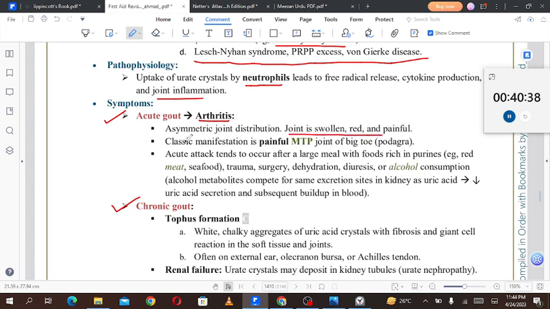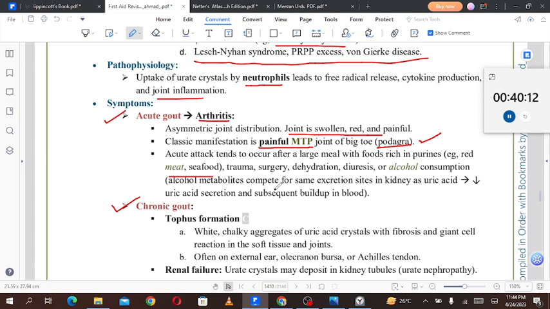The classic manifestation is a painful metatarsophalangeal joint of the big toe, or first toe, called podagra. An acute attack tends to occur after a large meal rich in purines, for example red meat and seafood, or after trauma, surgery, dehydration, diuresis, or alcohol consumption.